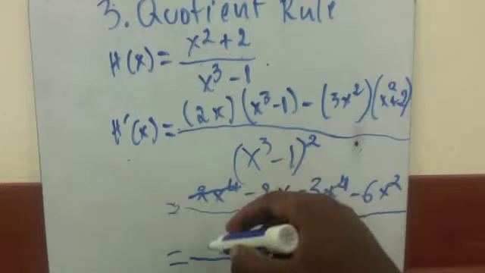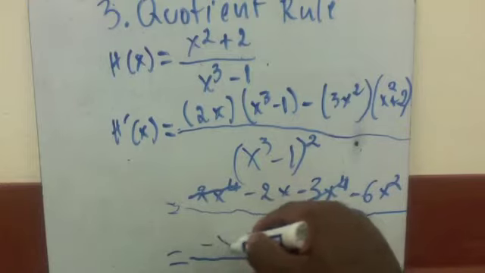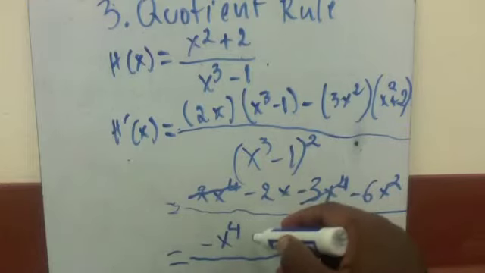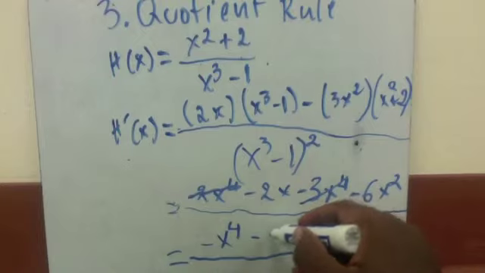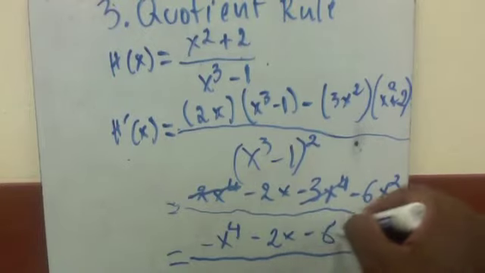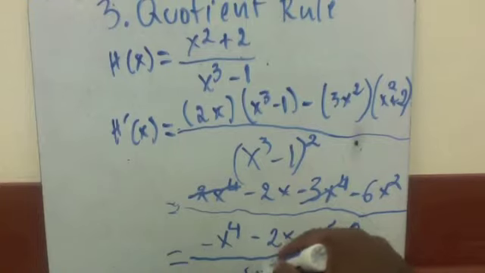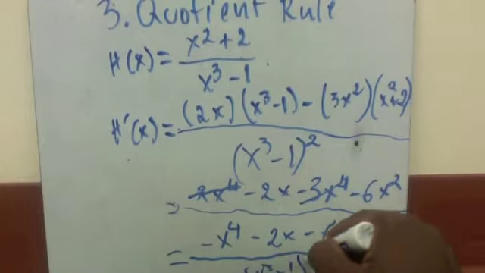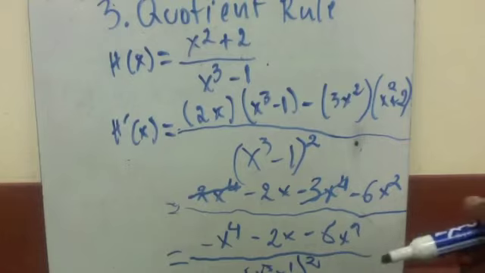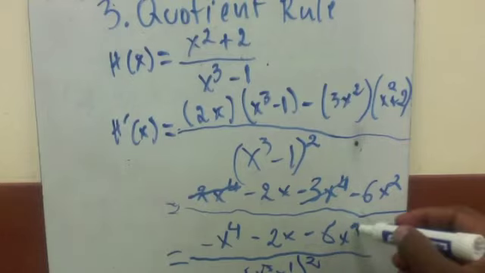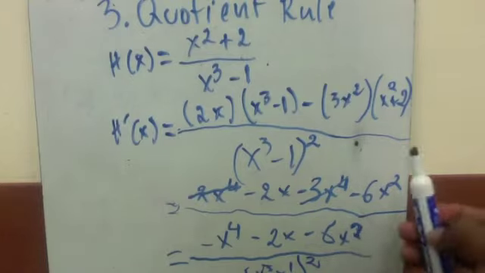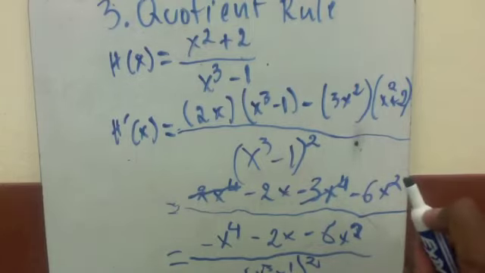So that gives you negative x to the 4th power minus 2x minus 6x squared, divided by x cubed minus 1 squared. And that's your derivative. You can keep simplifying it, but at this point it doesn't really matter that much.